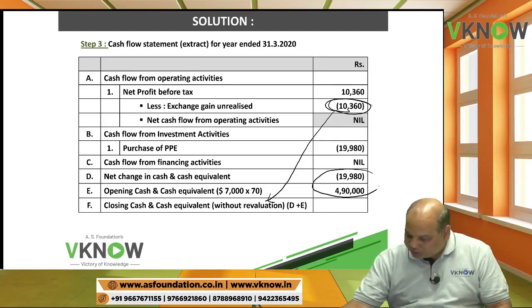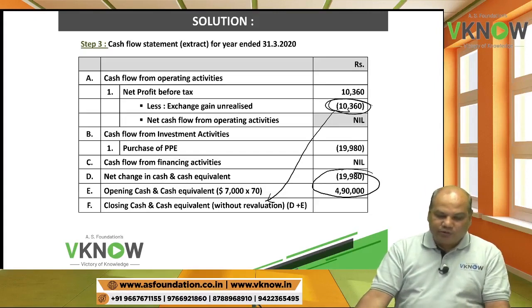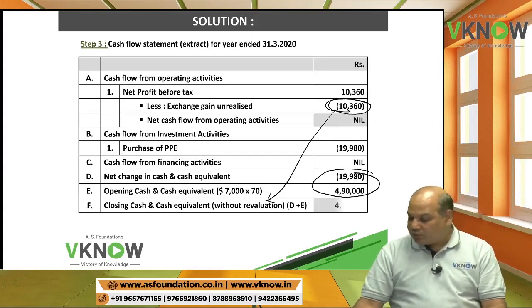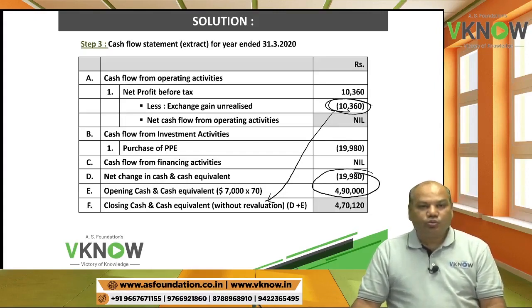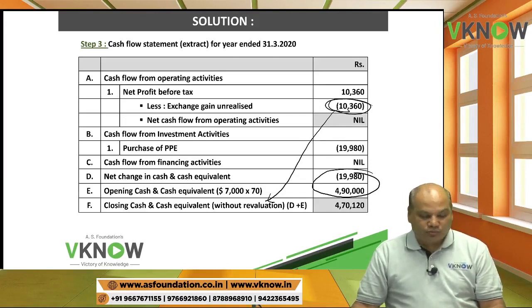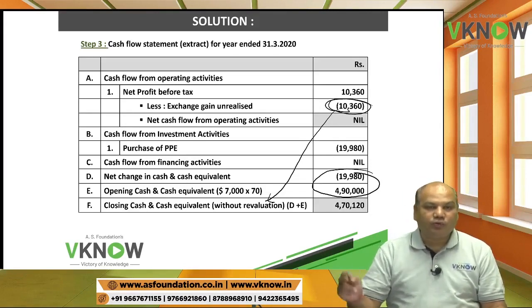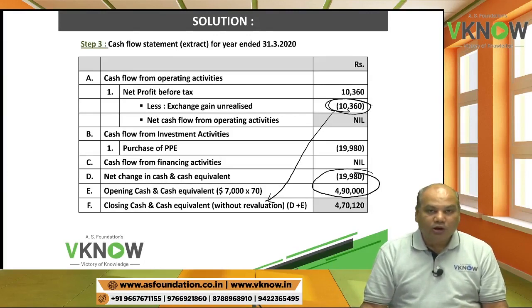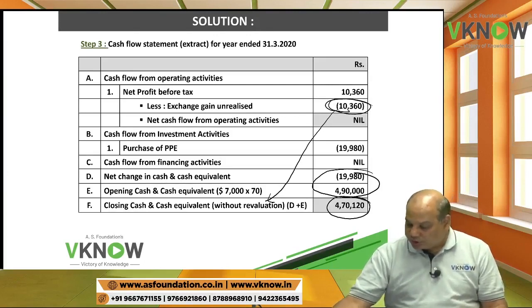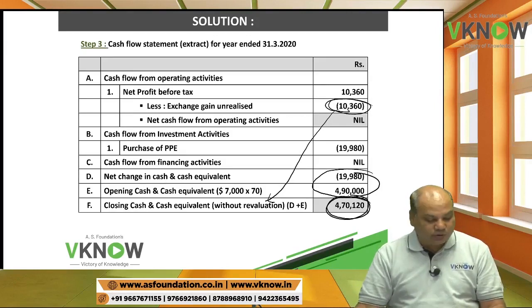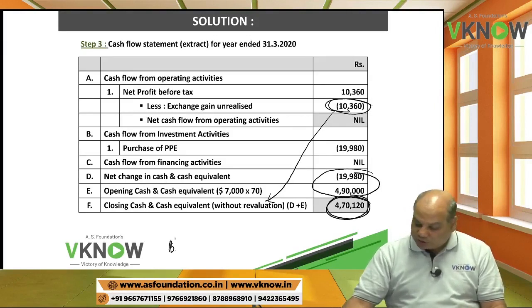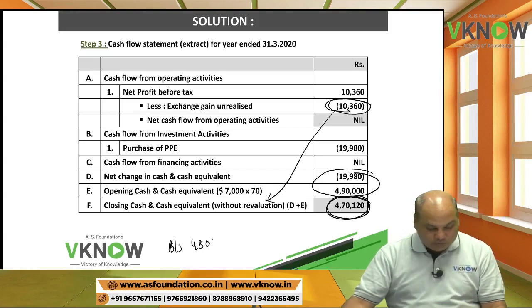D plus E, that will come to 470,120. Now the shareholder is confused. The cash flow statement is showing 470,120. Balance sheet is showing 4,80,480.